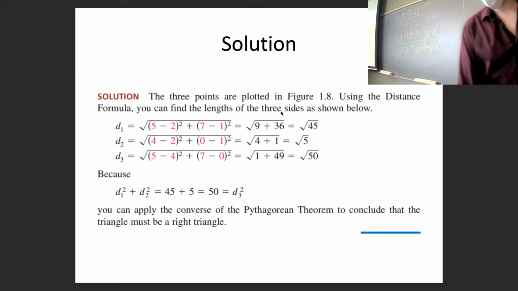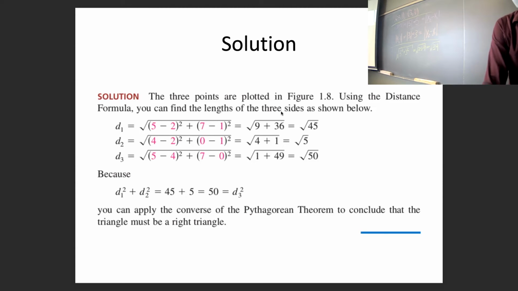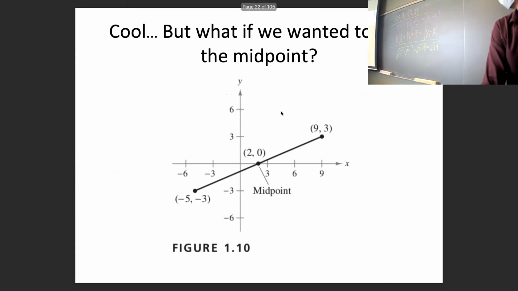Because everything that we're going to talk about in this class has some physical meaning. Like the distance formula, or like the midpoint formula, which is what we're going to talk about next. So if you want to find the midpoint between these 2 points, how would you go about it? We know it's 2, 0, but how would you go about finding that that point was the midpoint?